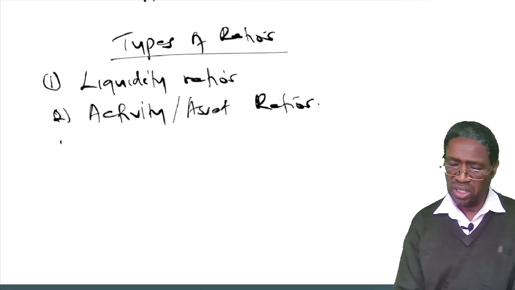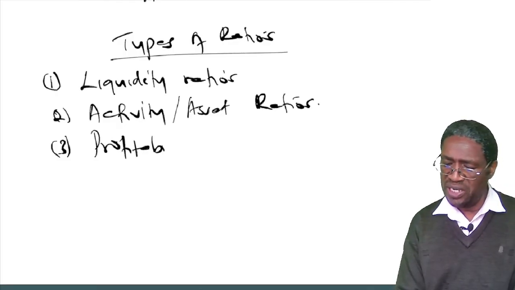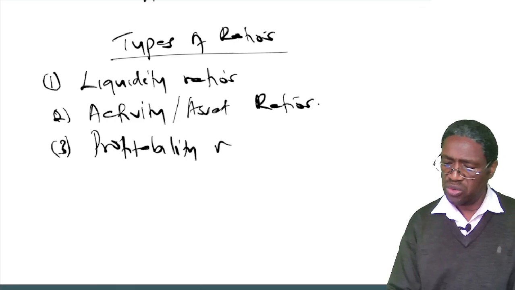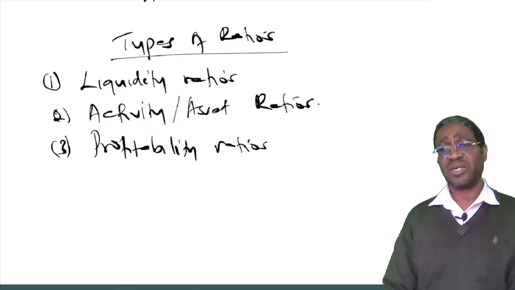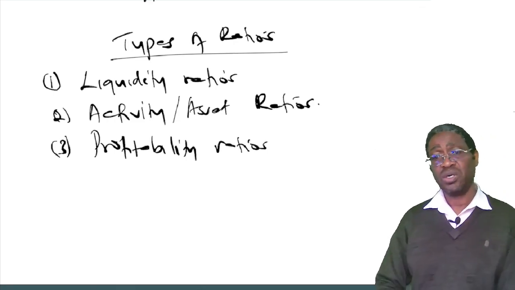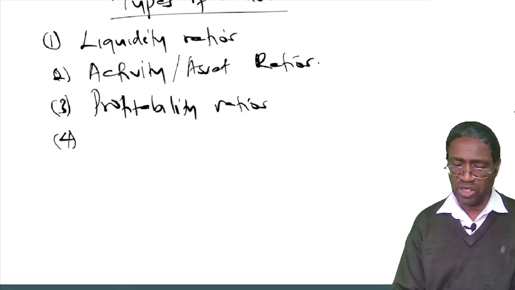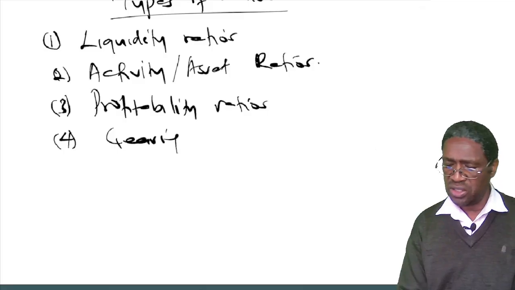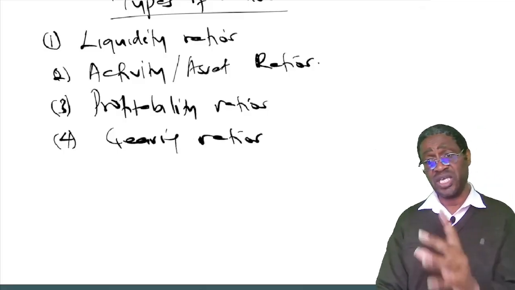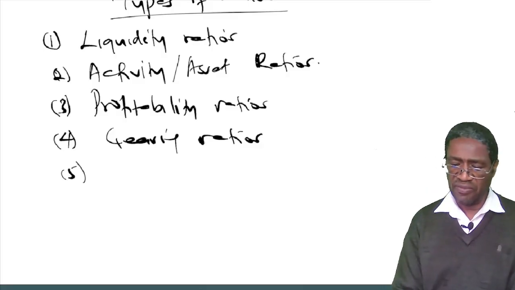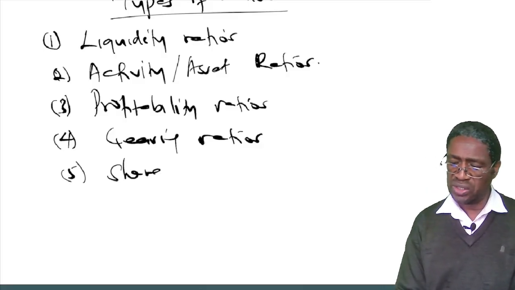Number three, another category is profitability ratios. Number four, another category is gearing ratios. Number five, we have shareholders ratios.